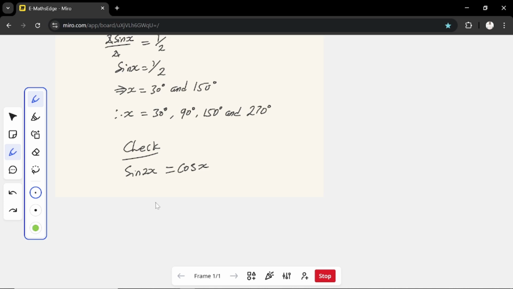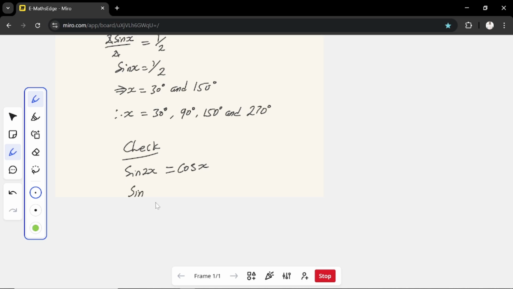So if we are using 30 degrees to confirm, that means we are going to substitute 30 degrees in place of x. And we are also going to substitute 30 degrees in place of this x. So whatever you have for the left hand side must be equal to the right hand side. So let's use the second one, which is 90 degrees, to check.